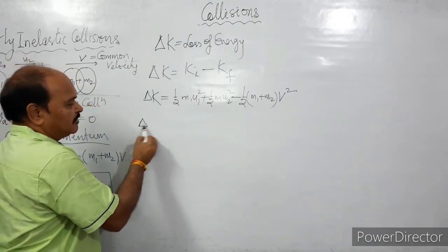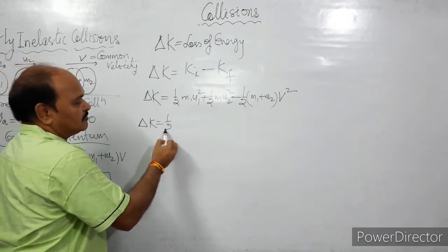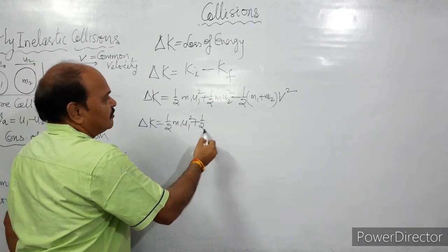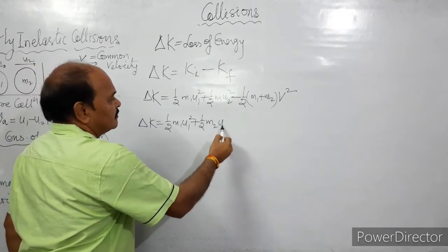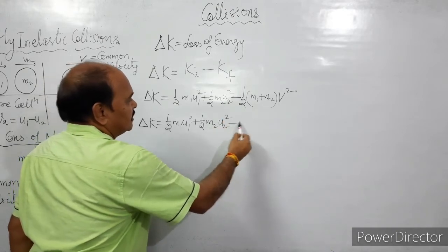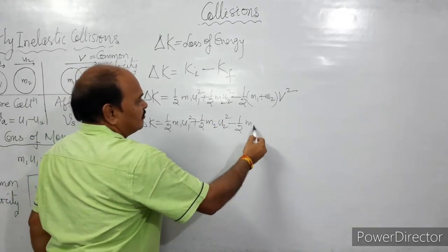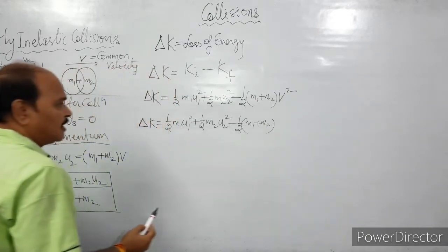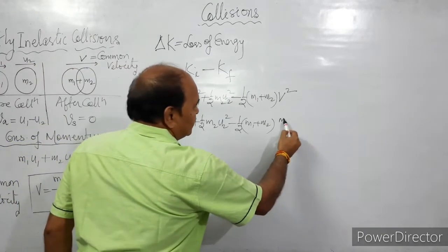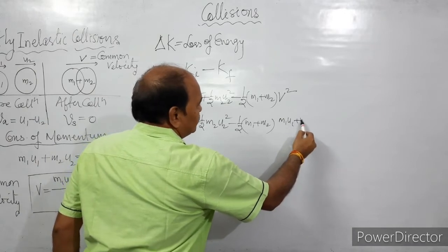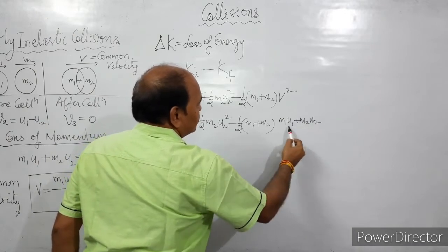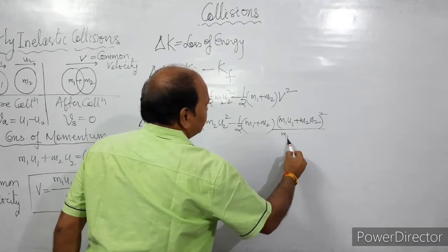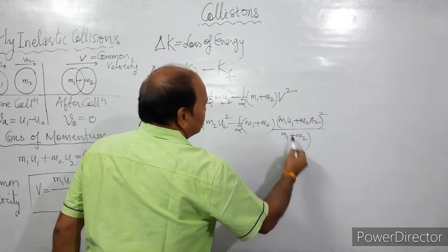We can further solve it. If we substitute the value of v, then what do we get? 1 upon 2, (m1 plus m2) v, and what is v? We have just found it out: v is (m1 u1 plus m2 u2) whole square upon (m1 plus m2) whole square.